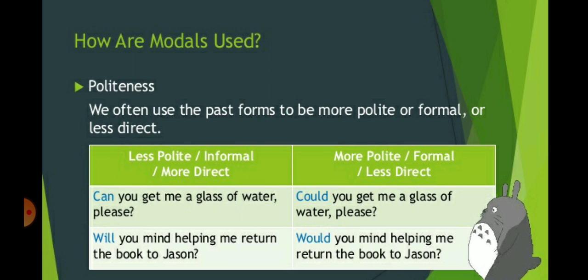In the second example, could you get me a glass of water please? Would you mind helping me return the book to Jason? If we use could and would in present time, in present tense, that indicates a more polite or formal or less direct way of speaking.